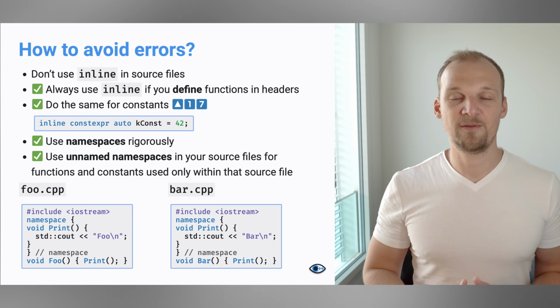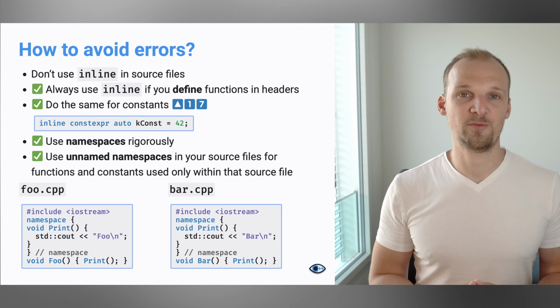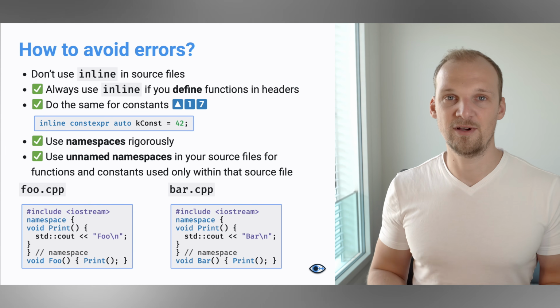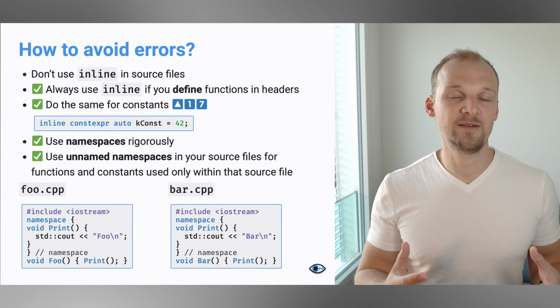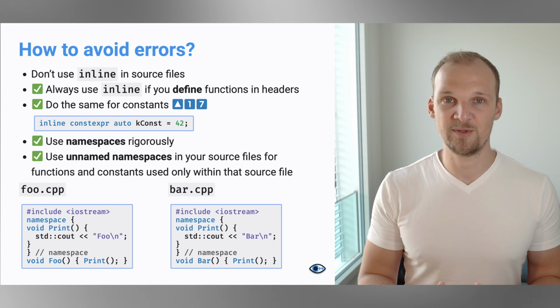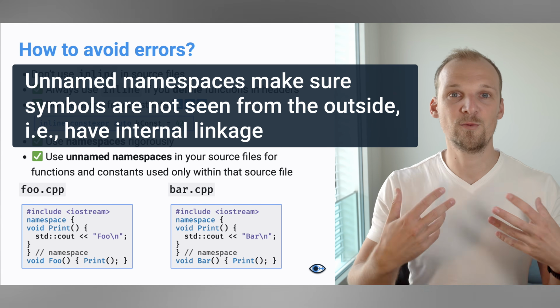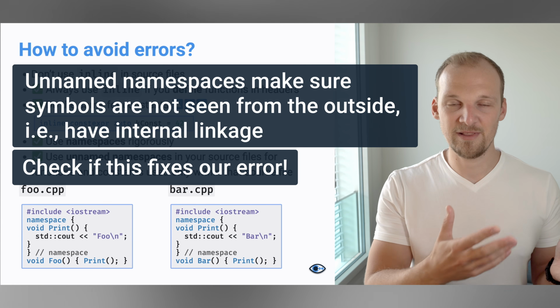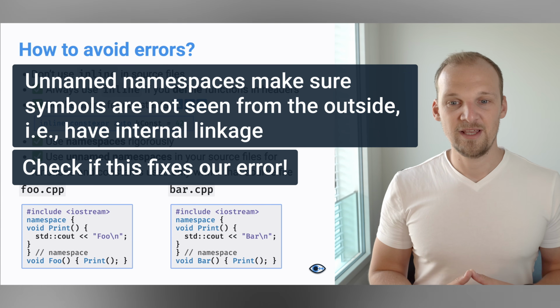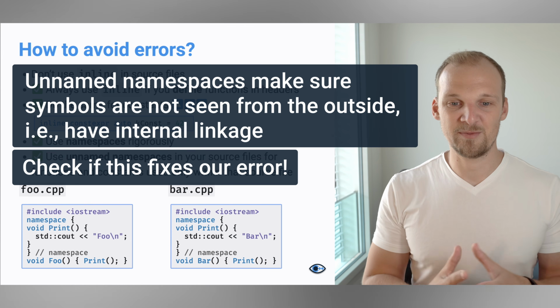That's the good style. That's the one that I've seen in a bunch of projects, and that's the one that I like to follow myself. At the same time, I urge you to use anonymous namespaces in CPP files. If you are in the CPP file and you want a temporary function, something like the print function from before, use the unnamed namespaces there.